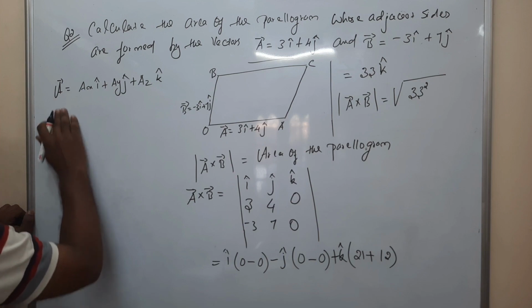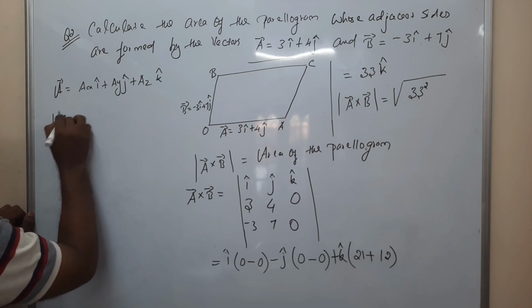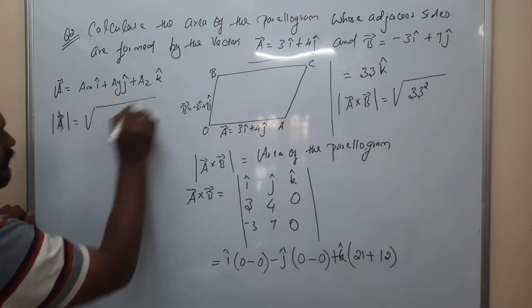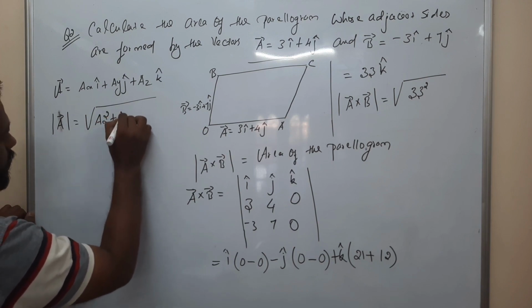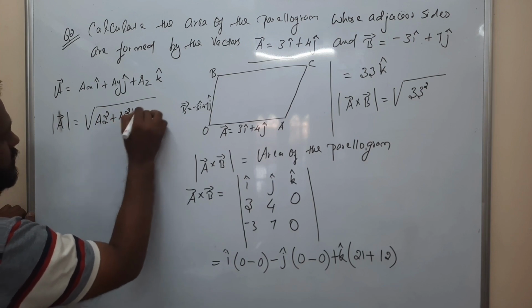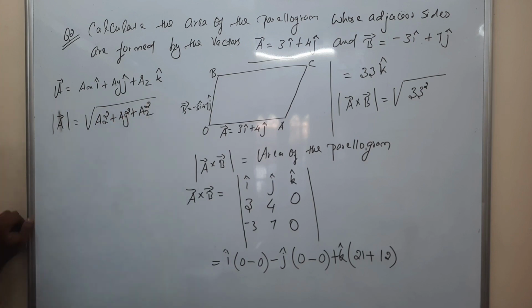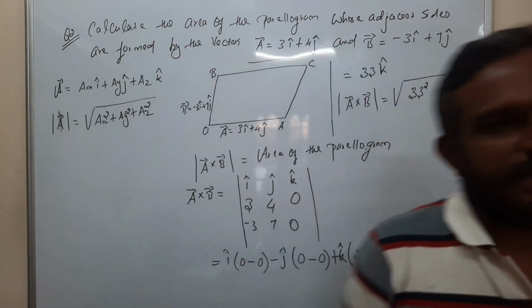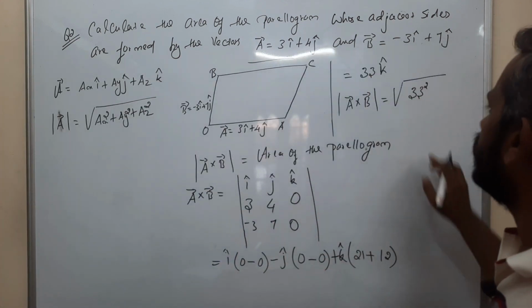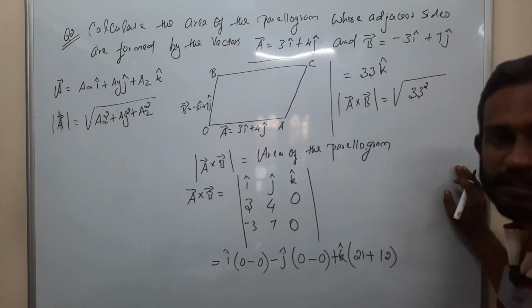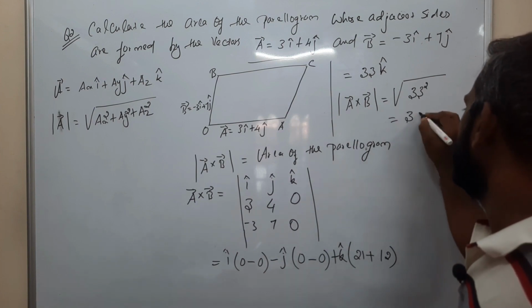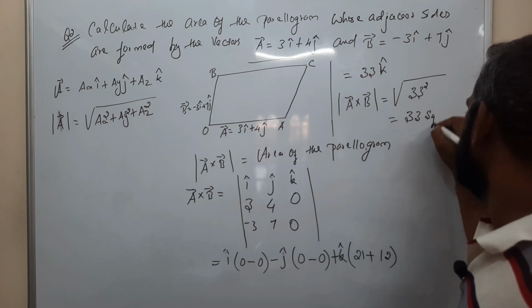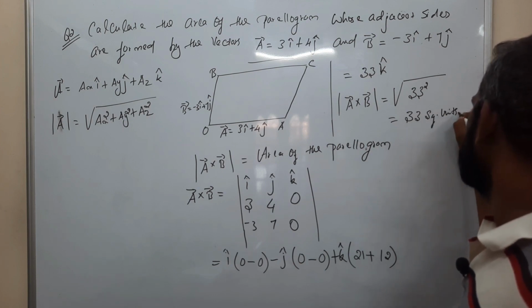The formula is square root of AX square plus AY square plus AZ square. This is the modulus. Here only the k component is there; the I component and j component are 0. So the modulus of A vector cross B vector is equal to root of 33 square, that is 33 square units.